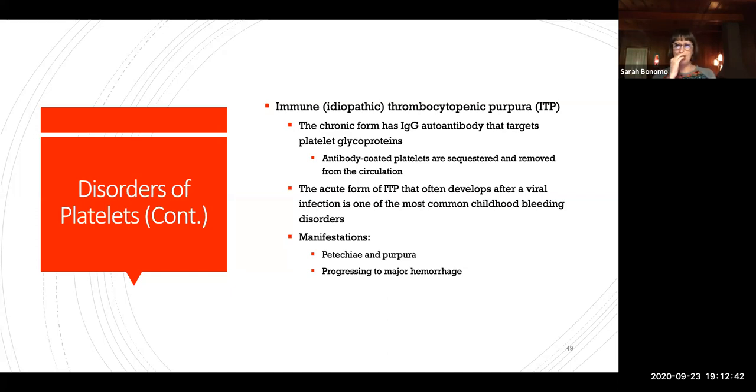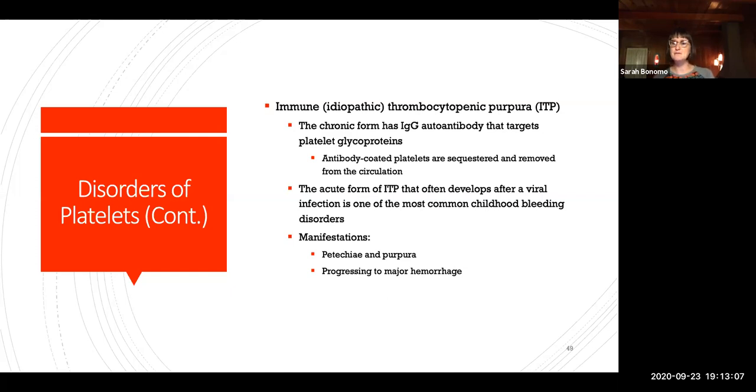And so basically it causes an antibody to coat the platelet. Our body's own surveillance system will then grab those platelets, pull them out of circulation, and destroy them. So our own body is destroying its platelets, which is causing us to be at a really increased risk for bleeding.